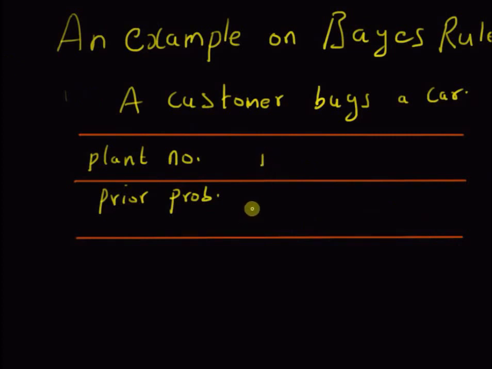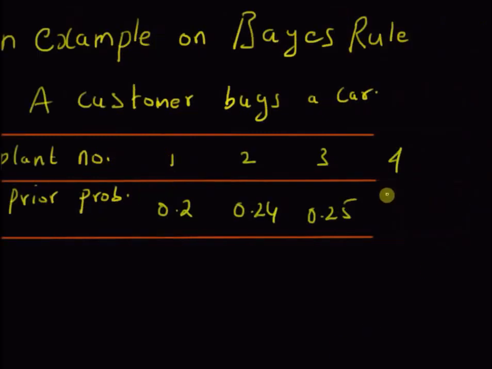For plant 1, the probability is 0.2, and for plant 2 it is 0.24, for plant 3 it is 0.25, and plant 4 it is 0.31.